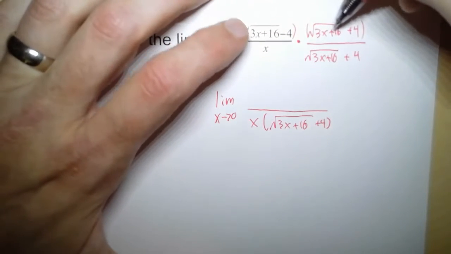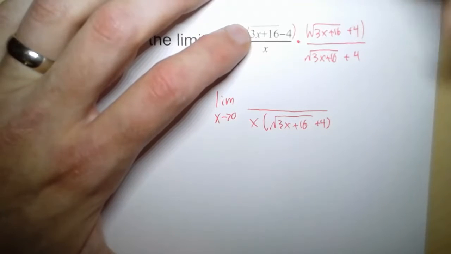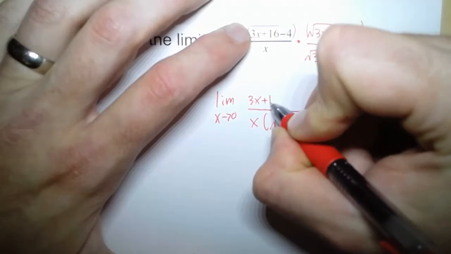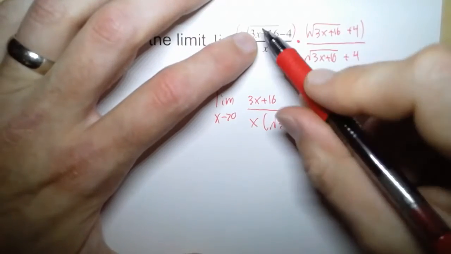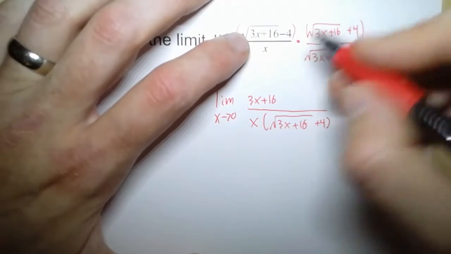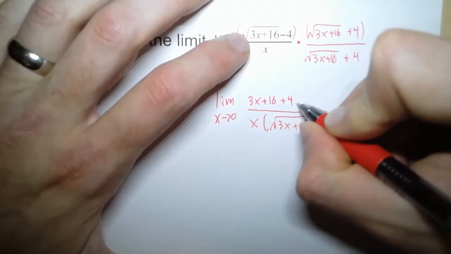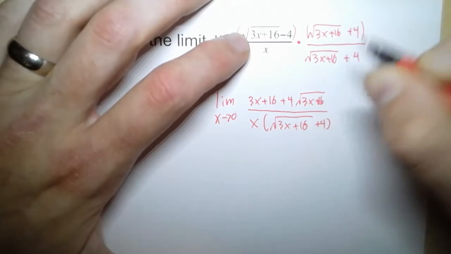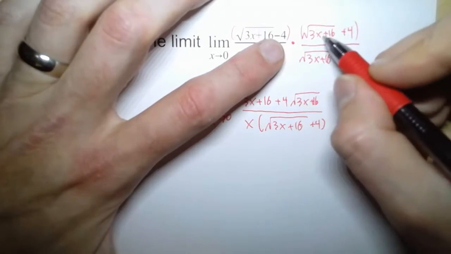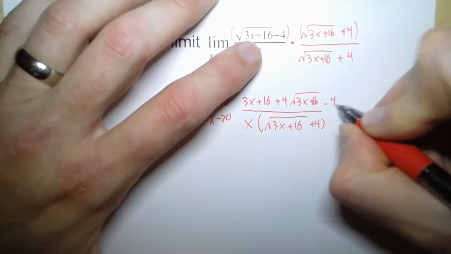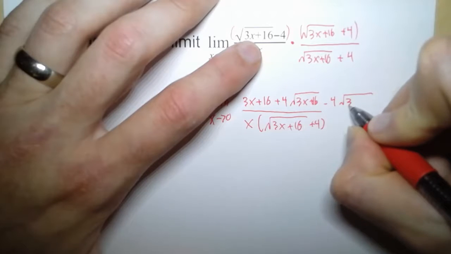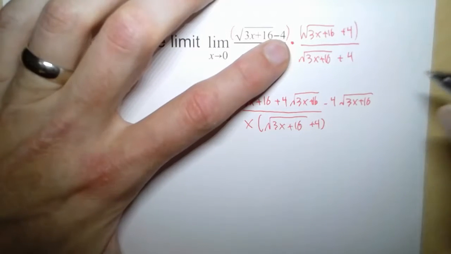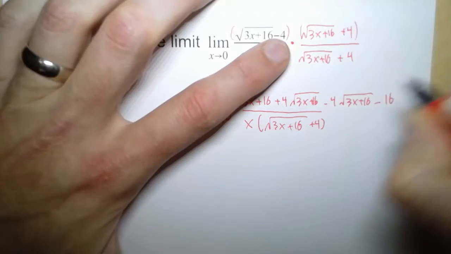So when I multiply these two together, the radical falls away. So we have 3x plus 16. So now I'm going to multiply this by 4. So plus 4 radical 3x plus 16, and then minus 4 times that, so minus 4 radical 3x plus 16, and then finally negative 4 times 4 is minus 16.